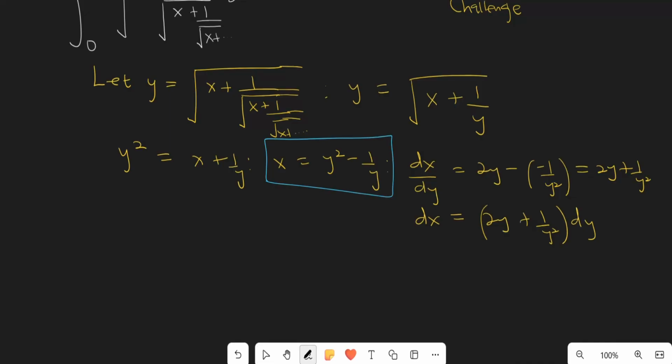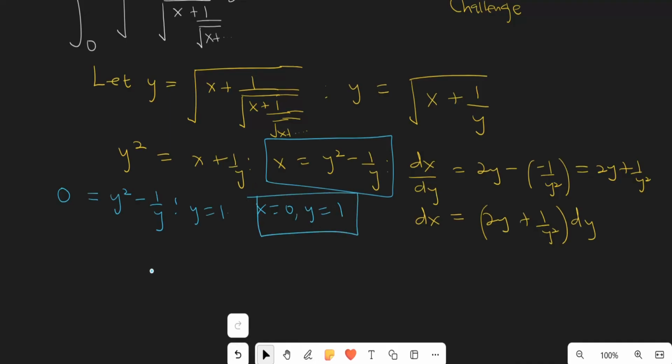When x is 0, that is plugging in 0 here, and this equals y squared minus 1 over y. So what value of y here will lead to 0 on the left hand side? The only value that you can think of here is 1. When y is equal to 1, you have 1 squared minus 1 over 1, which is 0. So when x is 0, y is going to be equal to 1.